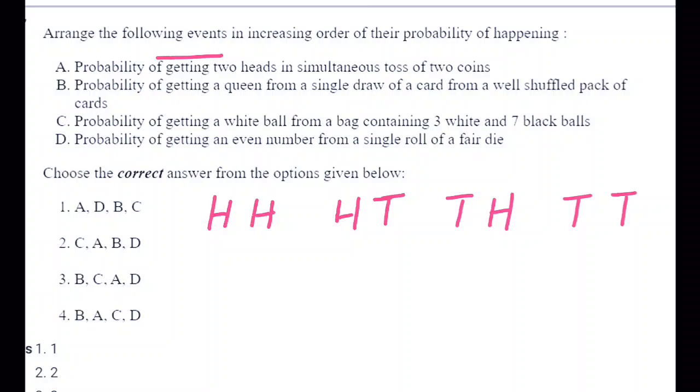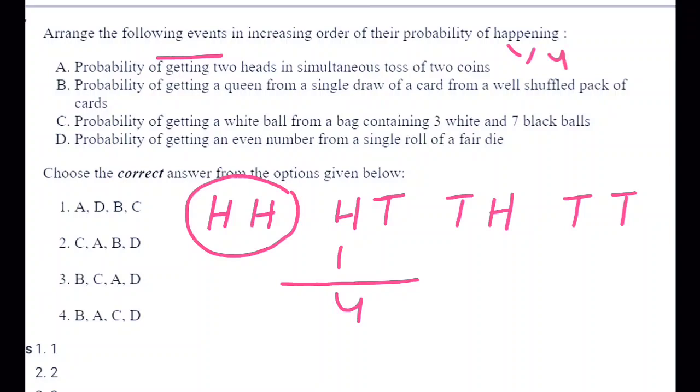So the favorable event is HH, that is 1, divided by total number of events, 1, 2, 3, 4. So we get 1 upon 4 for the first one.